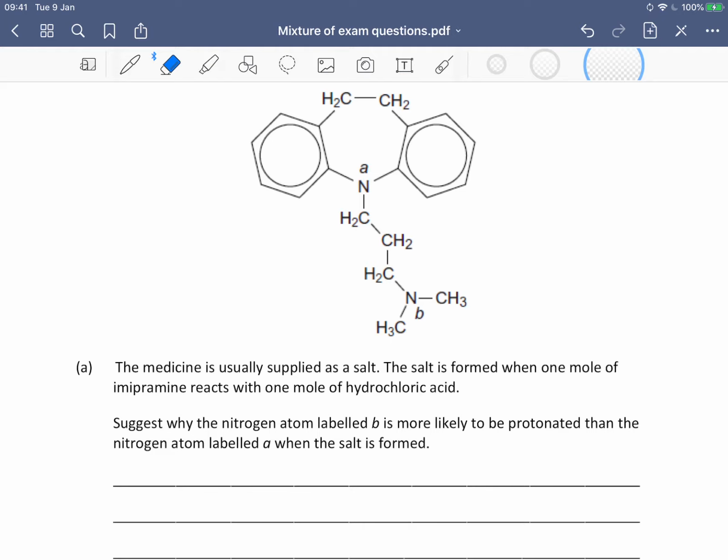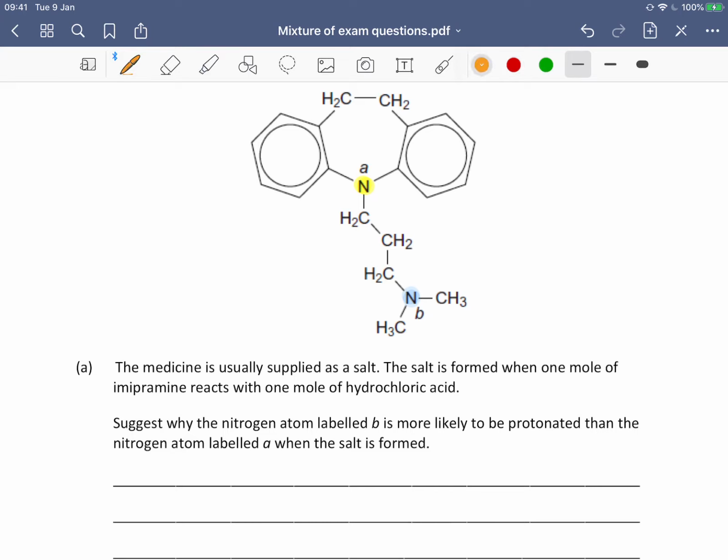Suggest why the nitrogen atom labelled B is more likely to be protonated than the nitrogen atom labelled A when the salt is formed. Let's just make it clear where A is, and where B is.